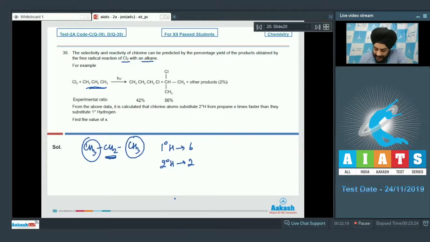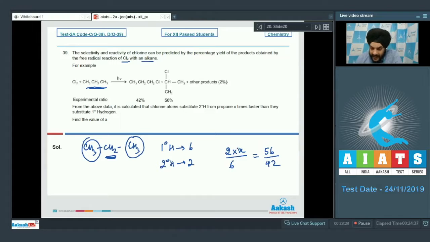It is given to us that the reactivity of secondary to primary is X times. So we can have 2 into X divided by 6. What we have done here is the number multiplied by the reactivity. So this shall be equal to 56 upon 42.